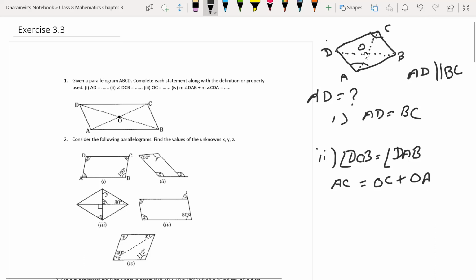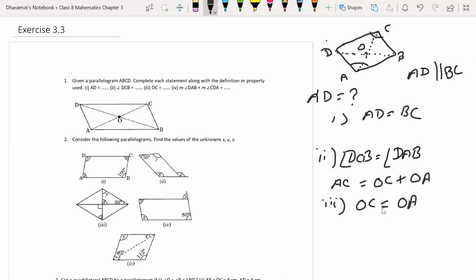Because diagonal AC and diagonal DB bisect each other at the intersection point O, OC is equal to OA.